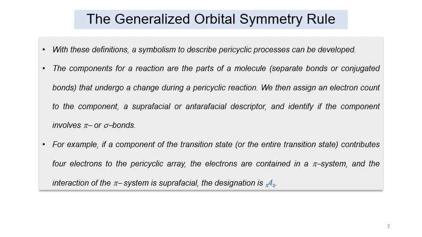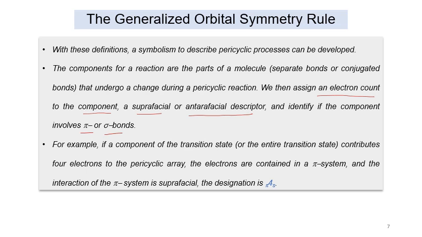These could be either separate bonds or conjugated bonds. We then assign an electron count to that particular component, and we assign a suprafacial or antarafacial descriptor, and we identify if the component involves either a pi bond or a sigma bond.